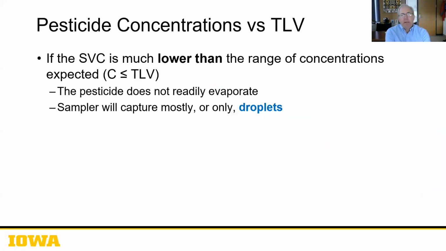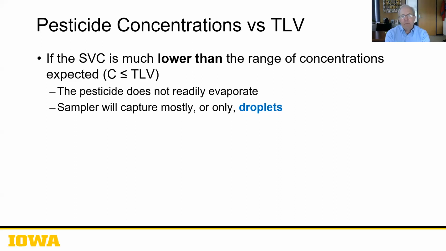So we're getting there slowly. Now we have to think about these concentrations relative to a threshold limit value, the ACGIH concept of a threshold limit value, which is a concentration.